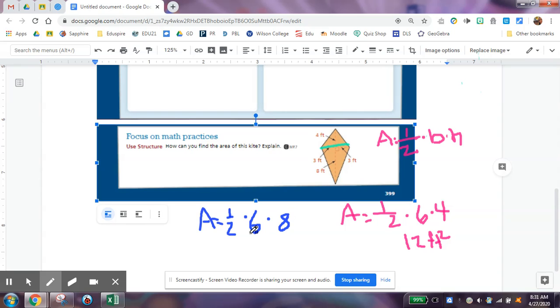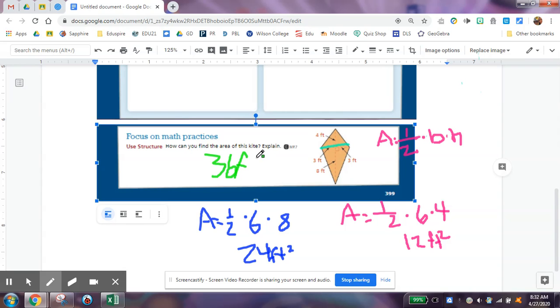And 48 divided by 2, or times 1/2, is 24 feet squared. So now that we have the area of both triangles, we can add those together, 24 plus 12, and we get the area of the entire kite, which is 36 feet squared.